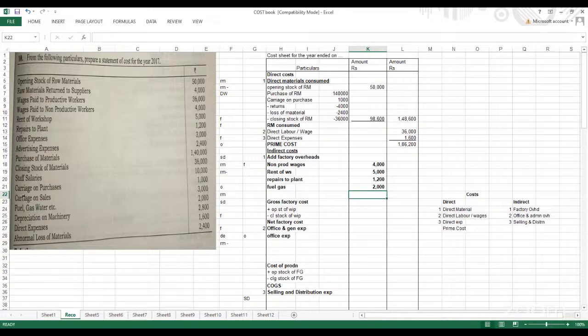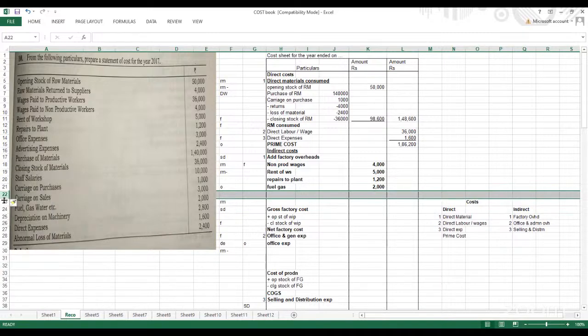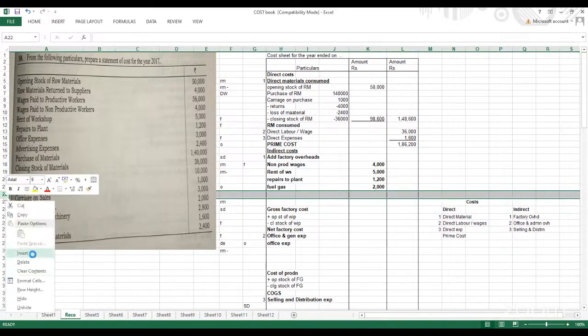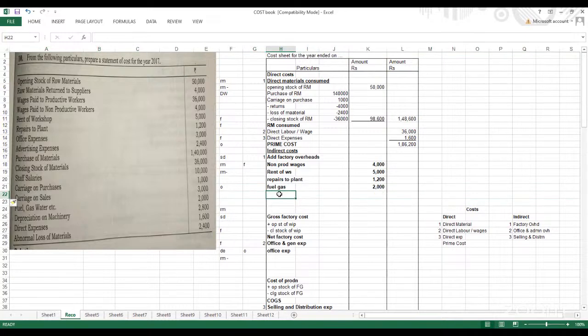I will just insert two more lines here. After fuel and gas, we have depreciation on machinery, which is 2,800.